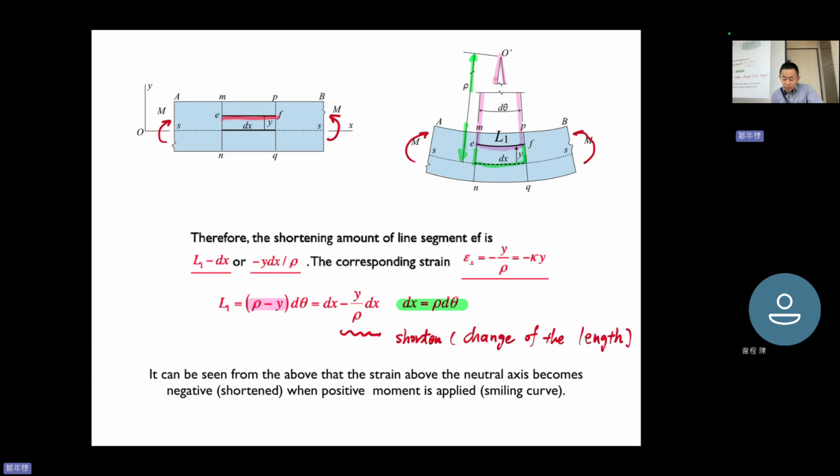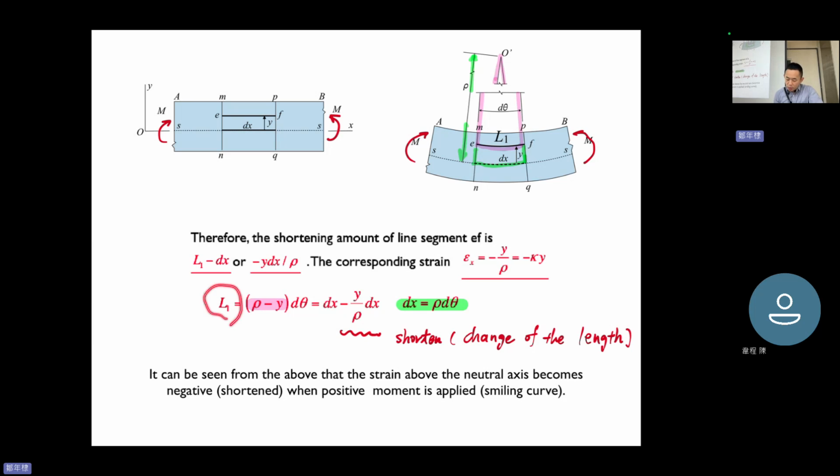EF beforehand is dx. After the bending, it becomes L1. So the change of the length will be L1 minus dx. You can know that.